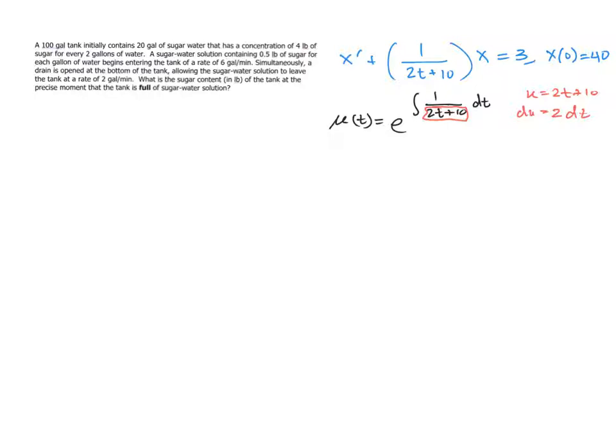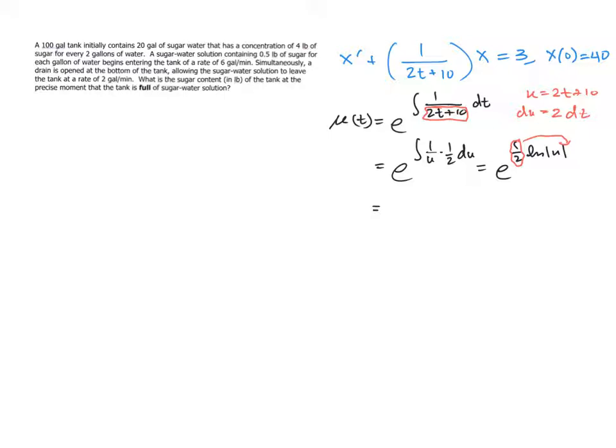So this is going to be equal to e to the integral of 1 over u times 1/2 du, which is e to the 1/2 natural log absolute value u. And then to take the inverse of this, we have to first move that half up as an exponent.